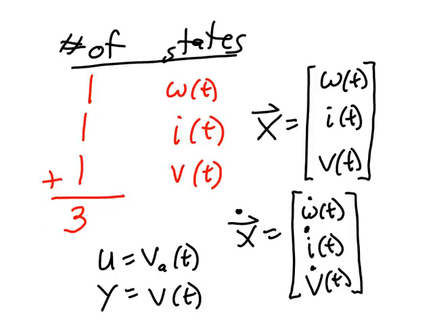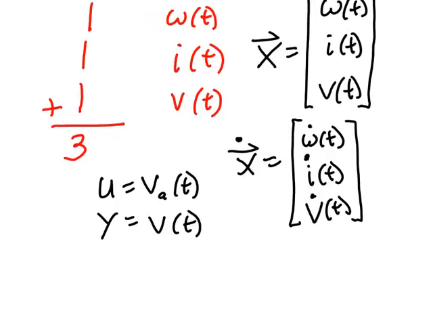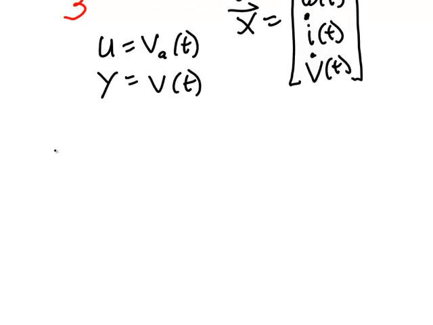So now that I've identified what each of my state space representations is going to be, let's write out the state space form that we're trying to match. So the first equation in state space looks like this. The derivative of the state vector is equal to the matrix A, and this should not have a dot there.